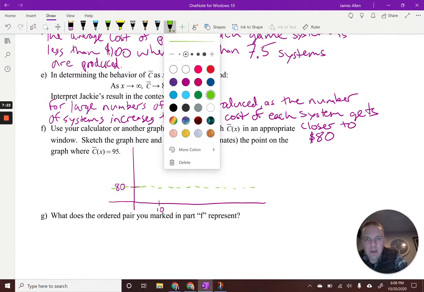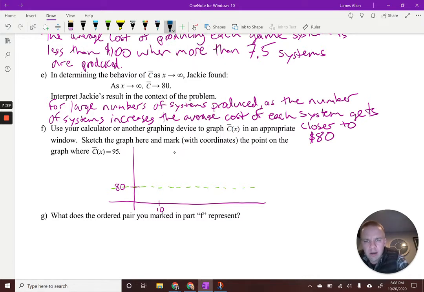Lovely. And then my graph, why don't we go with a graph? I'm going to change up colors. I'm going to go with a little dark blue. I think dark blue would look lovely here. So I've got something like this. There we go. And at this point, we have 10, 95. I think that's pretty much what we need there.